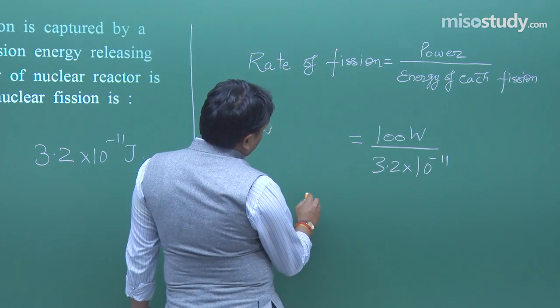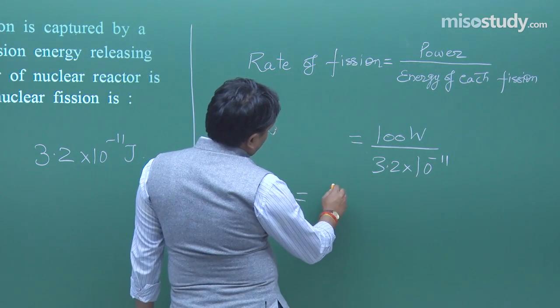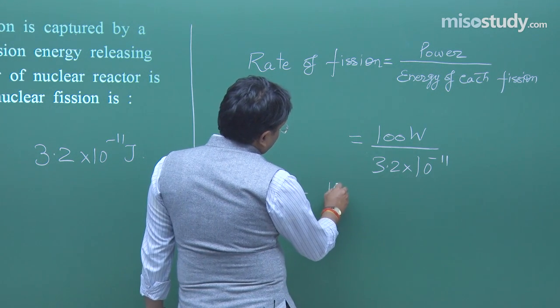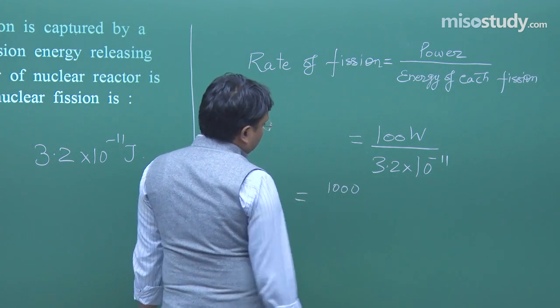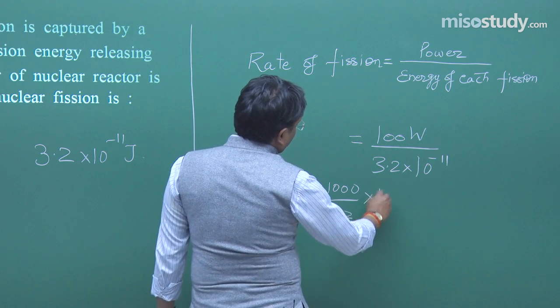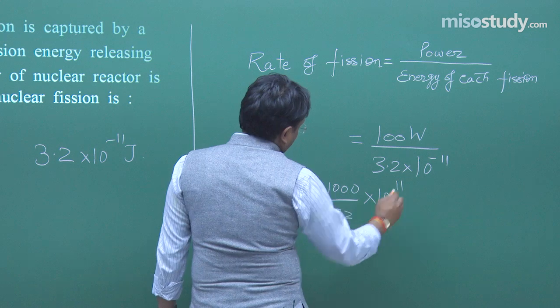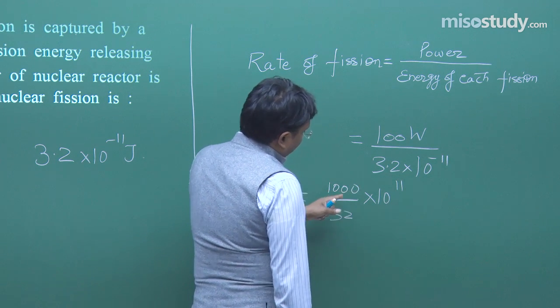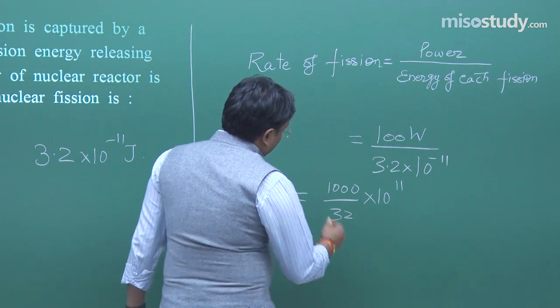So, when I solve it, I will get it as 100 upon 32, okay, into 10 to the power 11. So, 1, 2, 3 and then it should be divided by added over here.